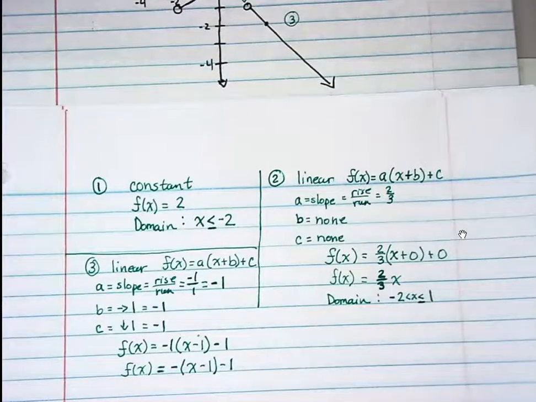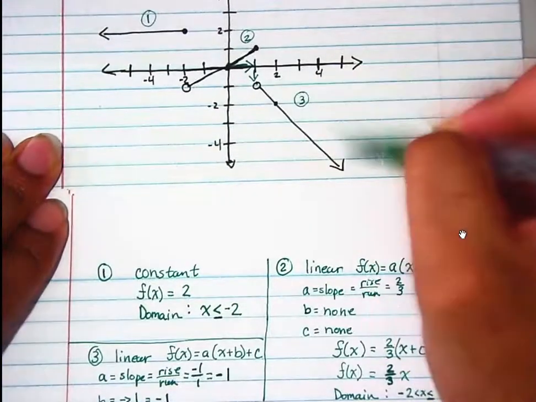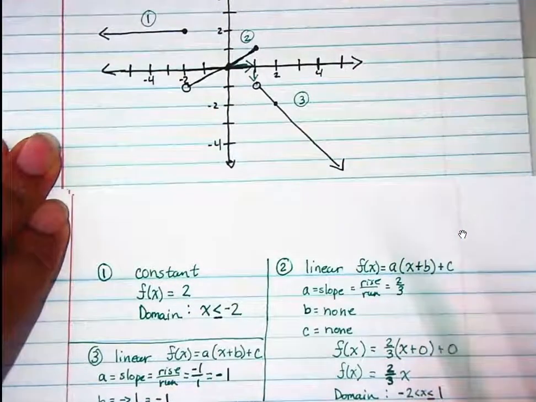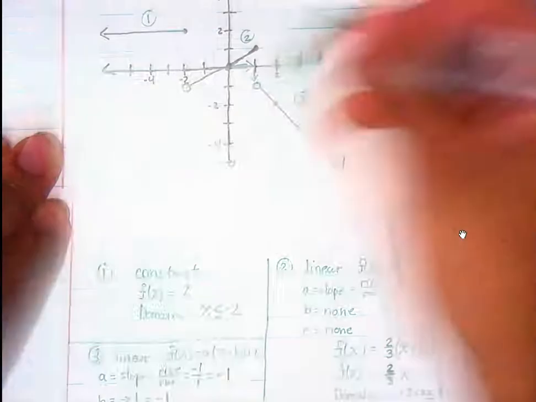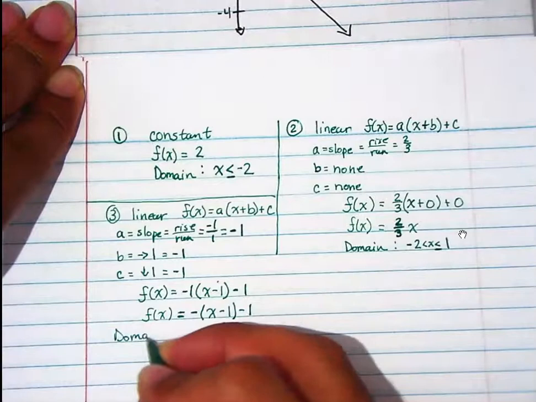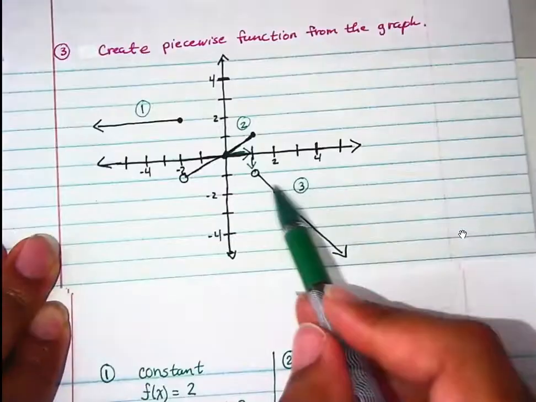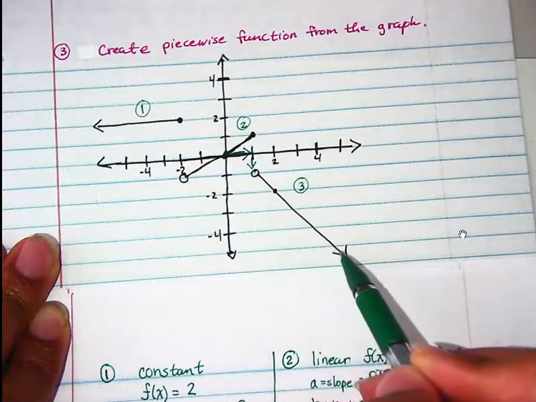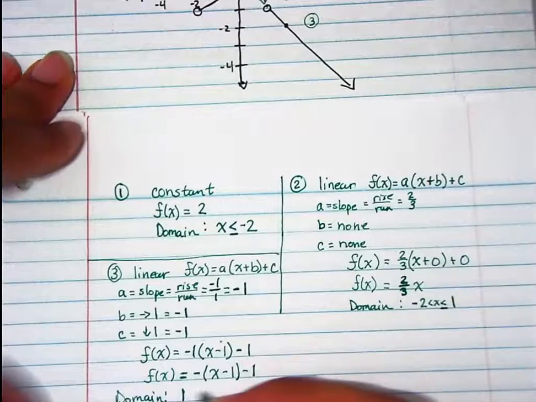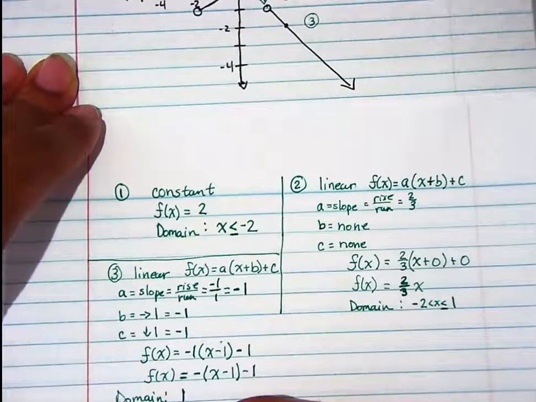All right. Now, the last part, we have our equation. The last part is figuring out where it starts and where it stops, the domain. So here we can see it starts at 1. But then it goes on forever. It doesn't stop. It goes on and on. So for the x values, it goes from x equaling 1 and greater than that.